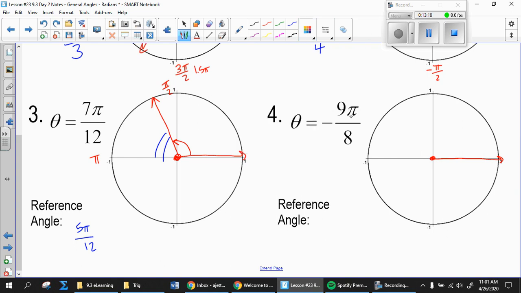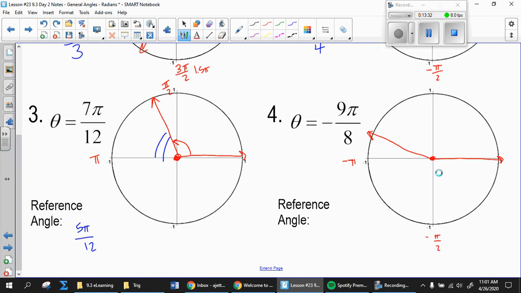Over here, we're going negative. So here's my negative 1/2. Here's my negative pi, so negative 1. 9/8 is a little bit more than negative 1. So when I'm rotating, I'm going to go a little bit past my negative pi here.